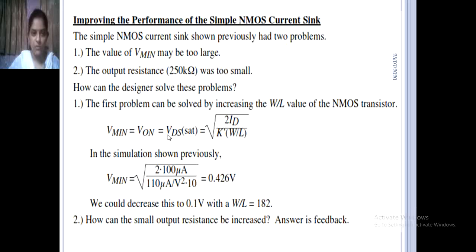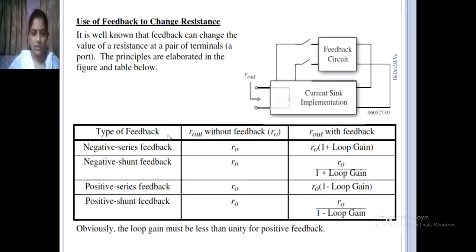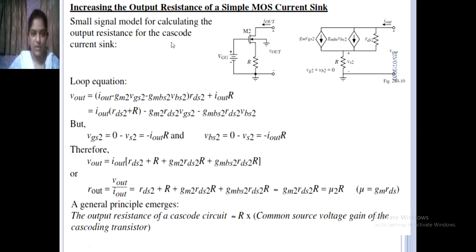Up to this point, we have seen that the output resistance can be improved by using feedback. From here onwards we are going to continue this session. Increasing the output resistance of a simple MOS current sink.